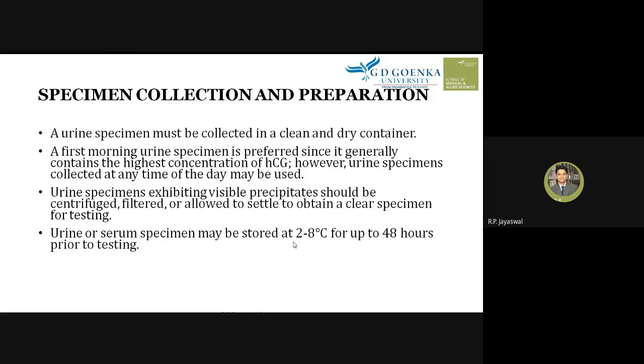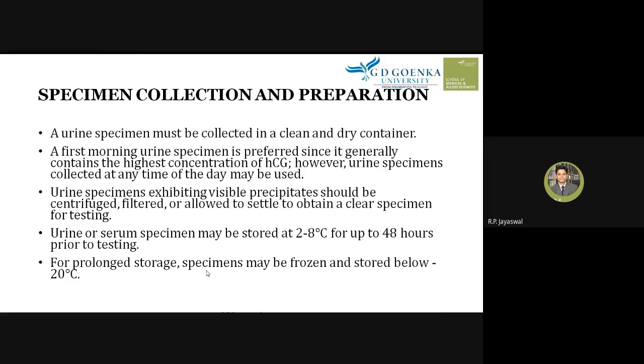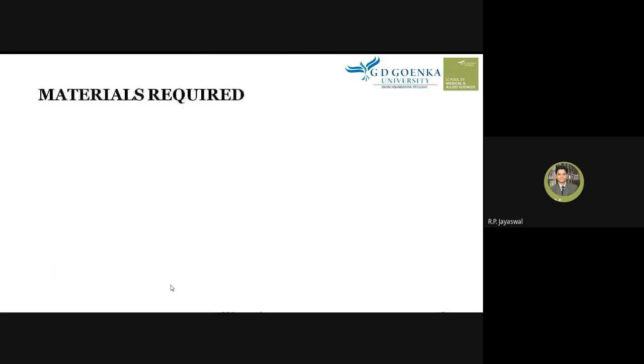For prolonged storage, the specimen may be frozen and stored below minus 20 degrees Celsius. So if you want to do the test after a week or a month, prolonged storage can be done at minus 20 degrees Celsius. That is the storage temperature.